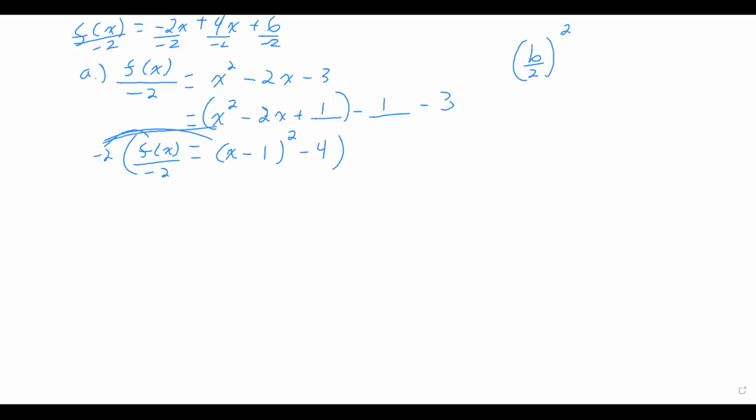So f of x equals negative 2. Do not distribute that negative 2 into that binomial. You can't because of the square. So we're just going to write the negative 2 in front of that binomial. But we will do negative 2 times negative 4, which gives us plus 8. Sorry, guys.